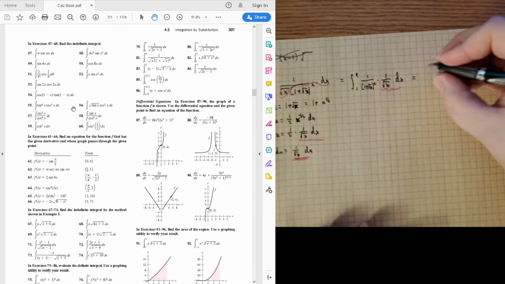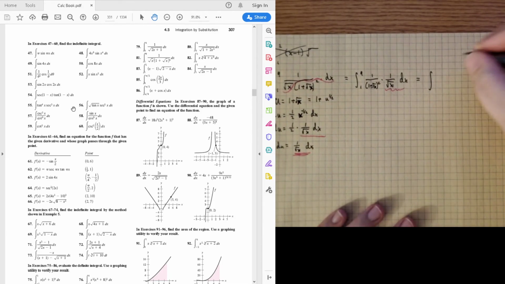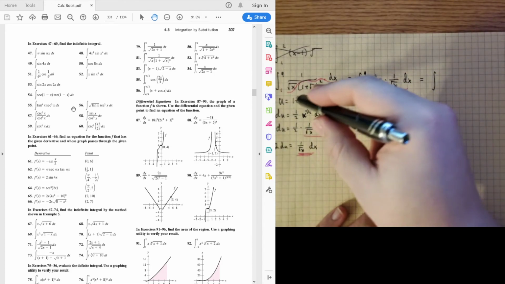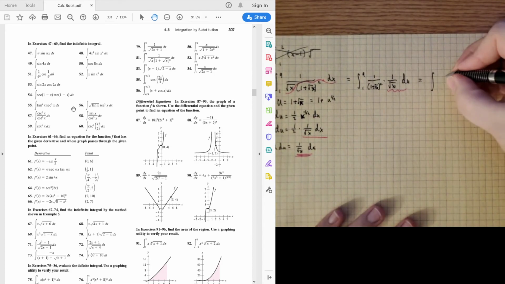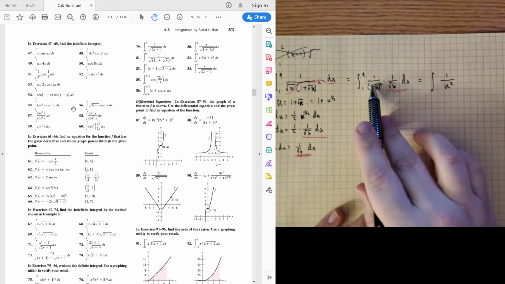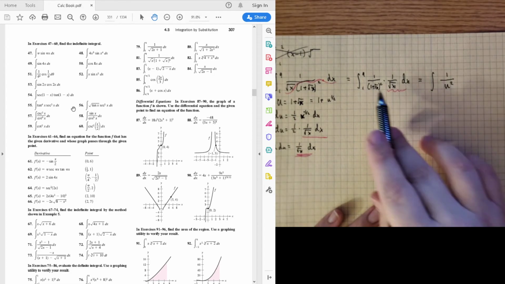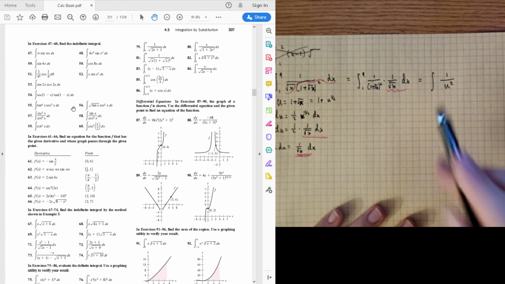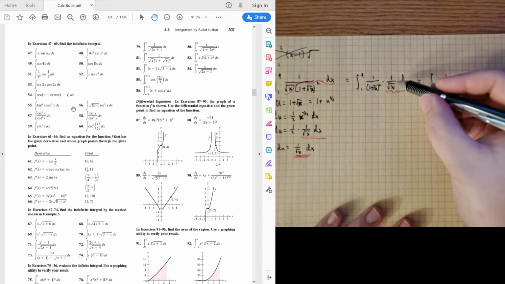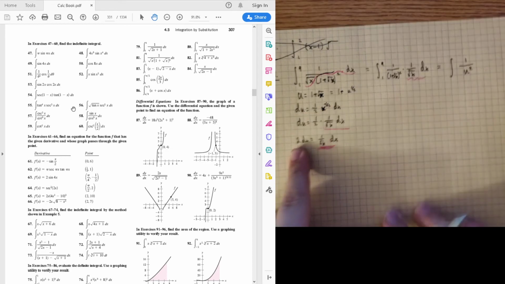Okay, so I have an integral. Everywhere there used to be 1 plus the square root of x, I'm going to replace it with u. So 1 over u squared. So again, everywhere there used to be 1 plus the square root of x, I replaced it with u. So the square is still there. It's still on the bottom. Looks good. The 1 over square root of x dx, I now replace with 2 du.